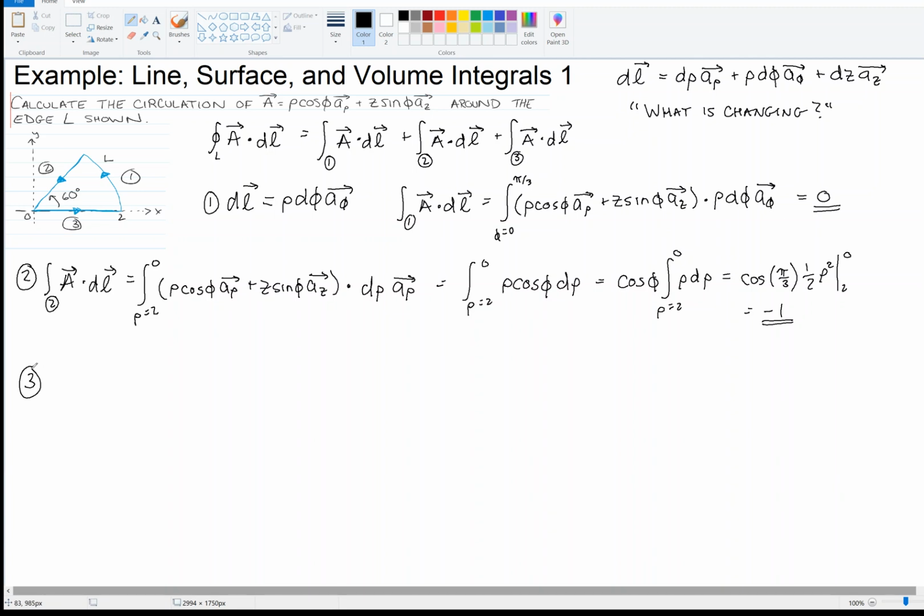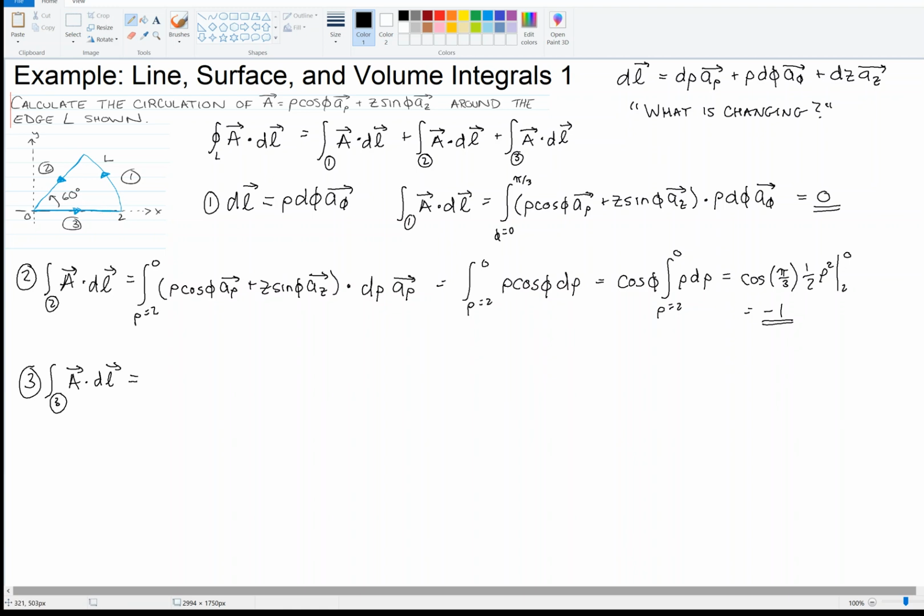Okay. Now segment 3, I'm going from the origin to x equals 2, right? So I've got segment 3, A dot dl. And I'm going to ask myself, what is changing along segment 3? Well, the radius is changing. I'm going from a radius of 0 to a radius of 2.